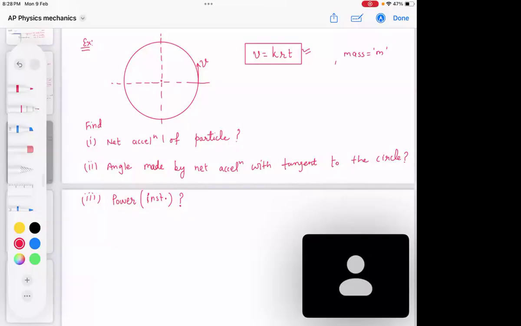So please tell me how much is that coming? Calculating.